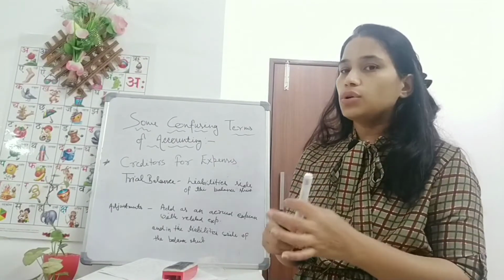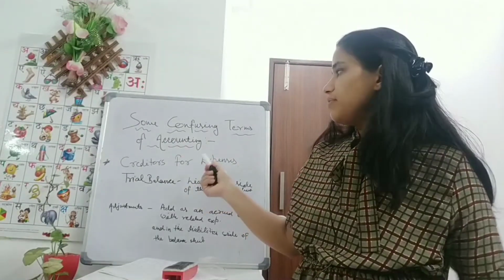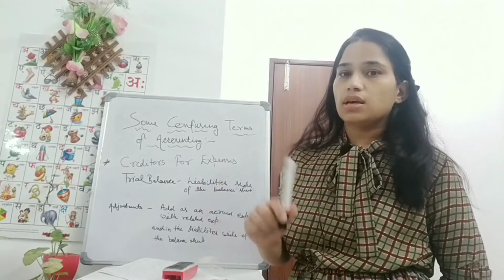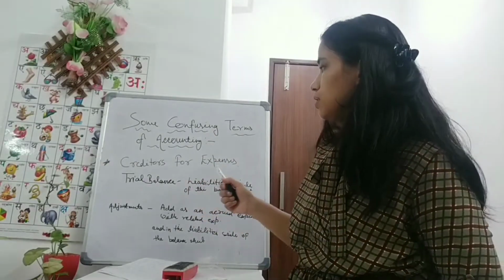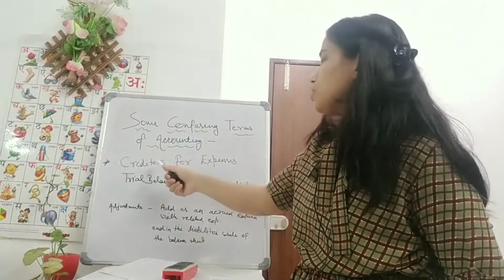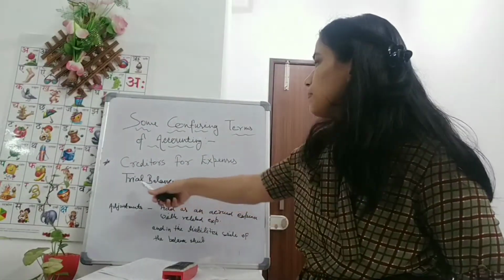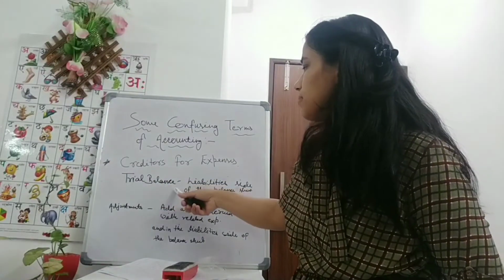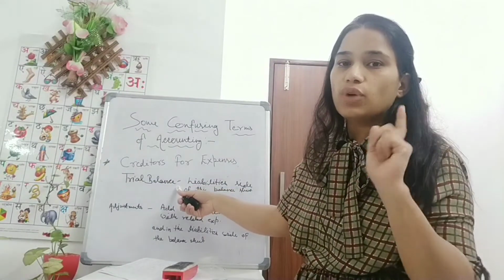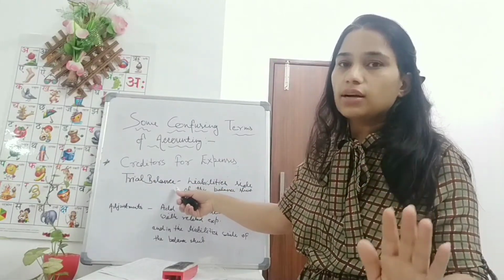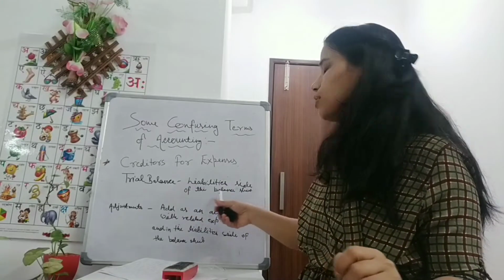So now you can see that, as I said, I have written it on the board because I just didn't want to waste the time. So, credited for expenses, how will we do the accounting? If it is given in the trial balance, then it will be recorded in one place of the final accounts only, that is the liabilities side of the balance sheet.